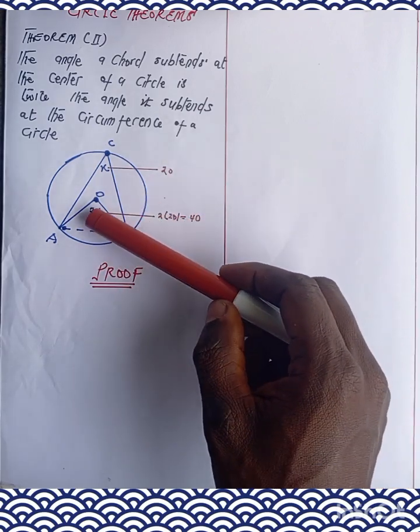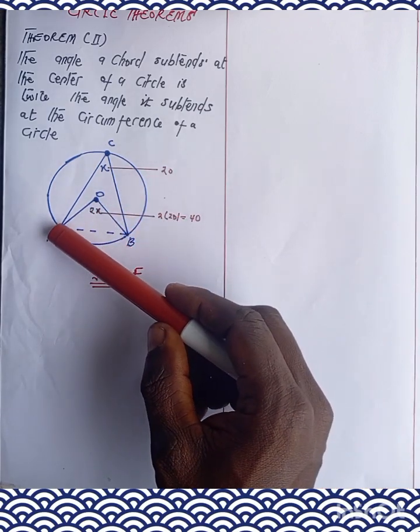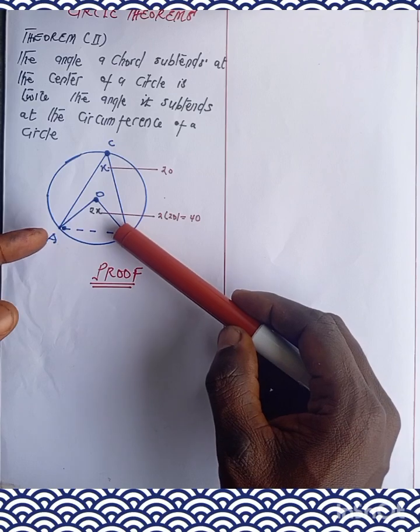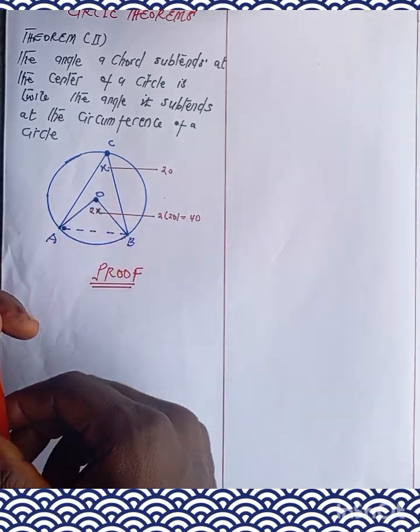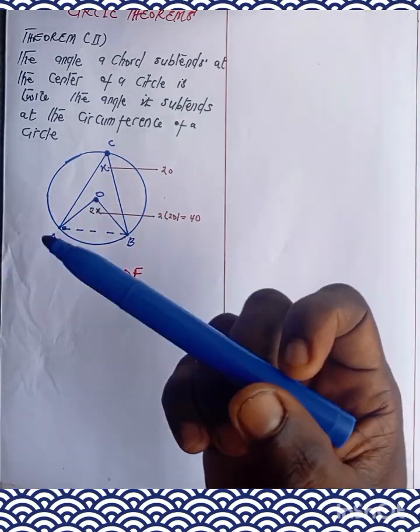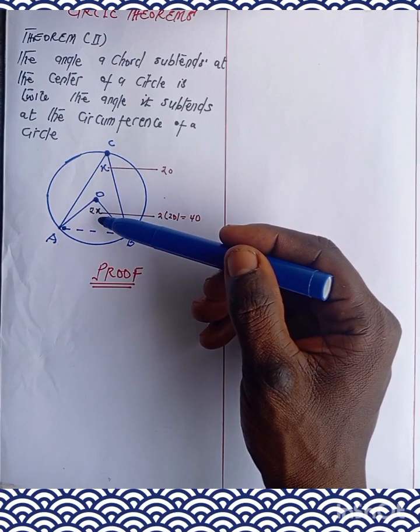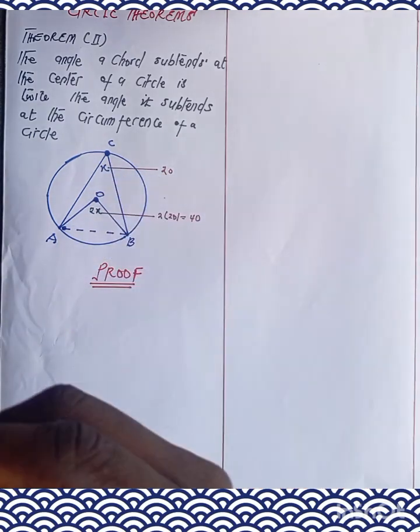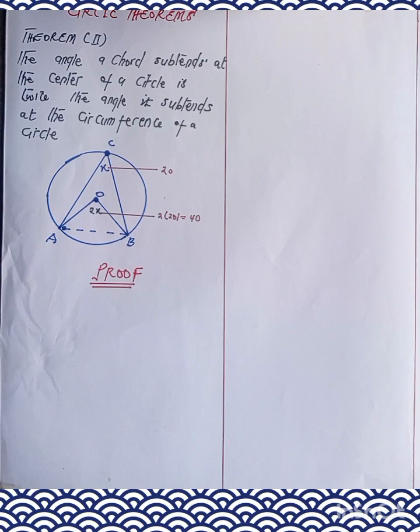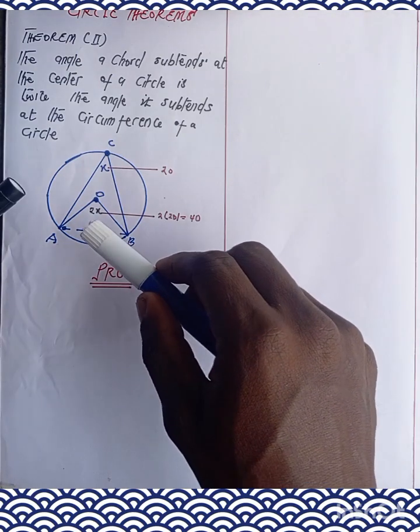What we are saying is that the angle a chord subtends at the center, so this is the center of the circle, is twice the angle here. What you must take note of in this theorem is that the angle should be at the center.